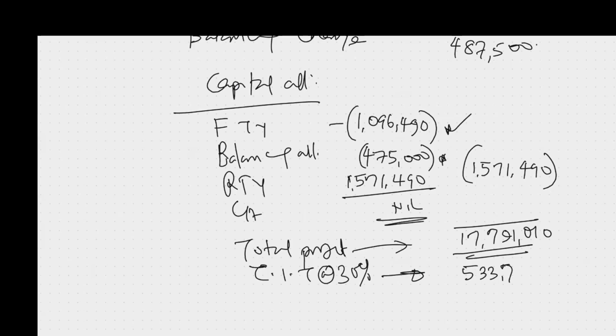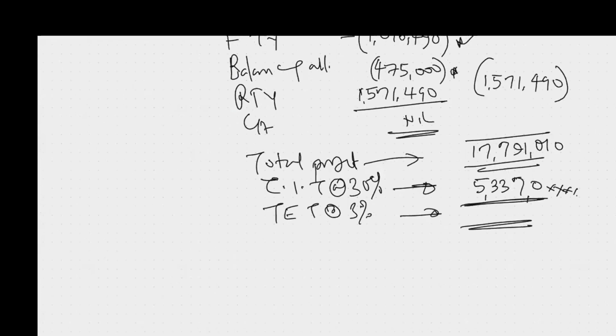Tertiary education tax at 3% of the adjusted profits of this one. Whatever you have, you put it. That's the end of this question.